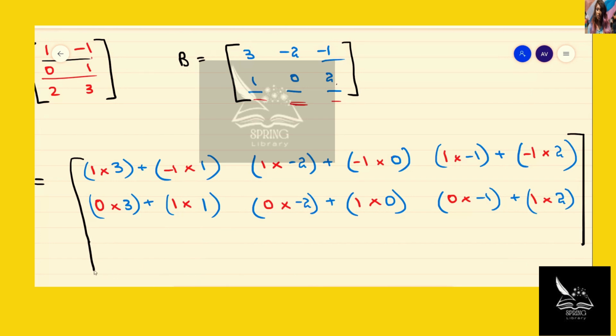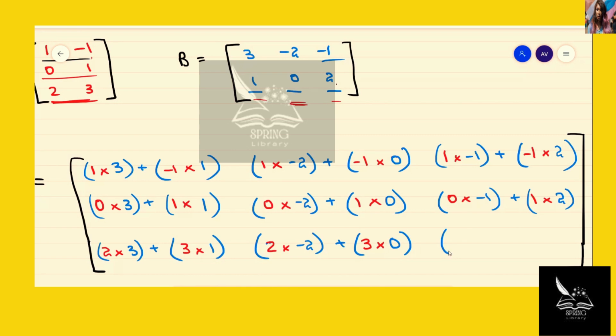let's move on to the last row of A, which has the elements 2 and 3. So 2 times 3 plus 3 times 1. Then we will have 2 times minus 2 plus 3 times 0.